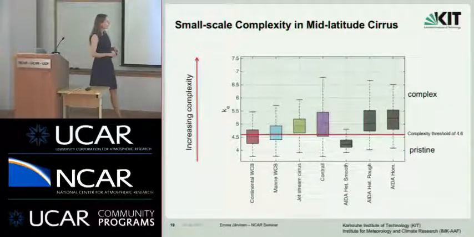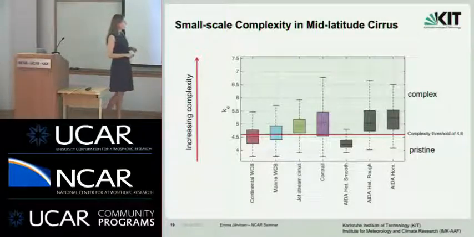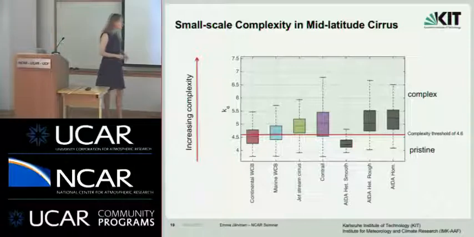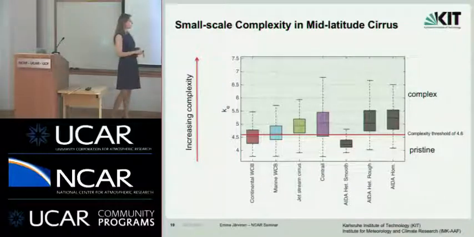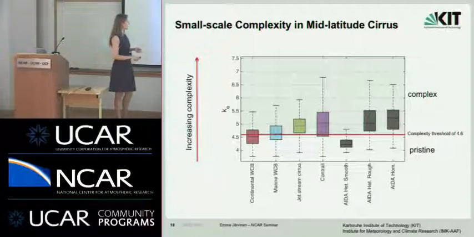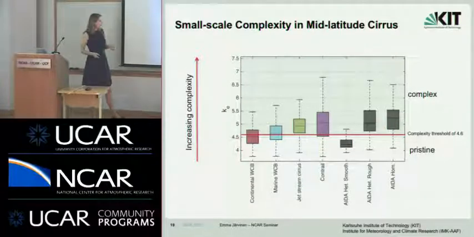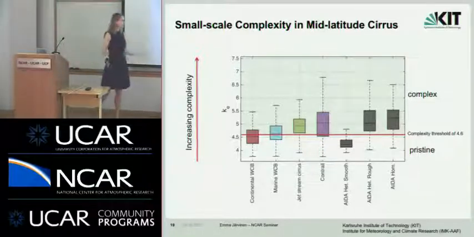But what we see here already is that usually we have pretty high complexity values. In maritime and jet stream cirrus, the median complexity is always above these thresholds, and it's approximately comparable with our simulations with roughened ice crystals. But we didn't have a polar nephelometer during this campaign, so we really couldn't say what this means for the angular light scattering properties.